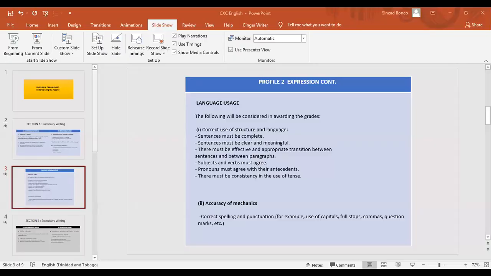Okay, so this is an example of what is expected of you in section A. Section A is 25 marks, as we know. Suggested time is 35 minutes. Pay attention to suggested time because it helps you to know how to flow.